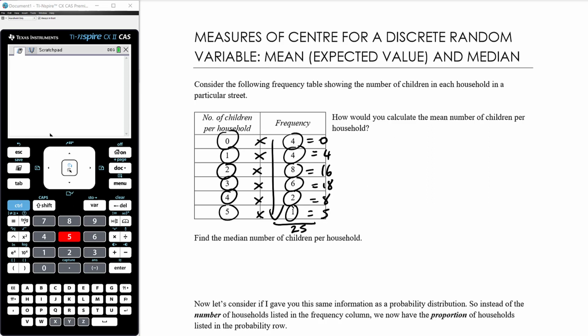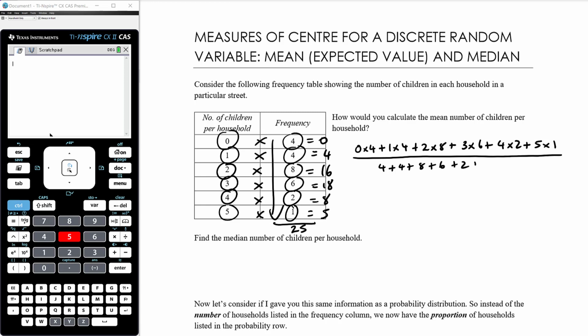So we would add up the values, which would be 0 times 4, plus 1 times 4, plus 2 times 8, plus 3 times 6, plus 4 times 2, plus 5 times 1. And we would divide that by the sum of the frequencies, which is 4 plus 4 plus 8 plus 6 plus 2 plus 1, which turned out to be 25.